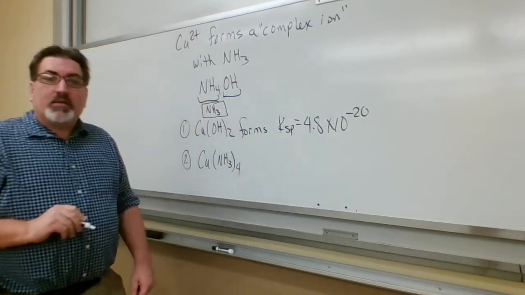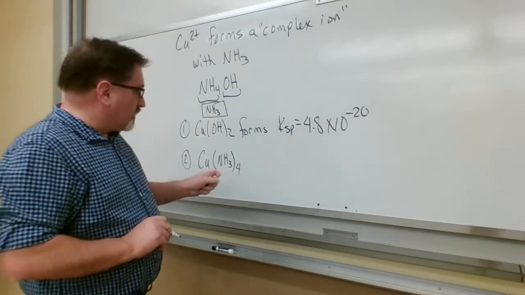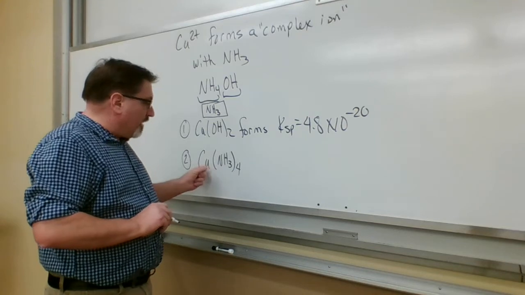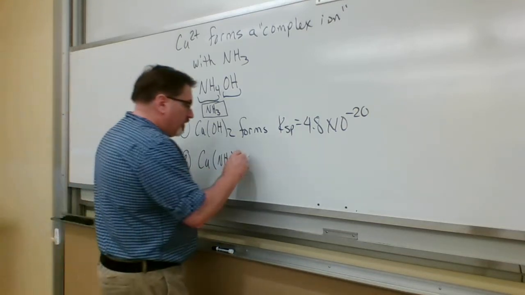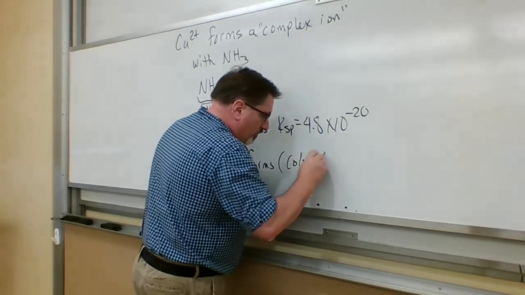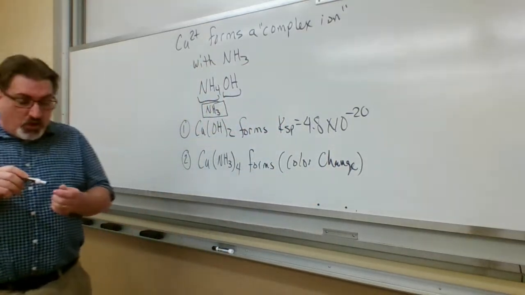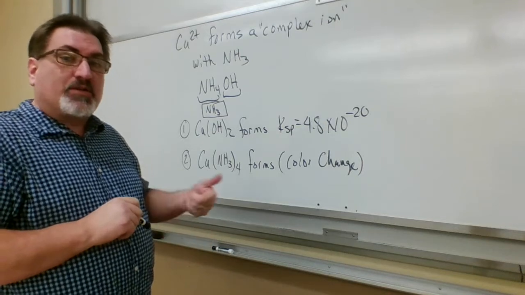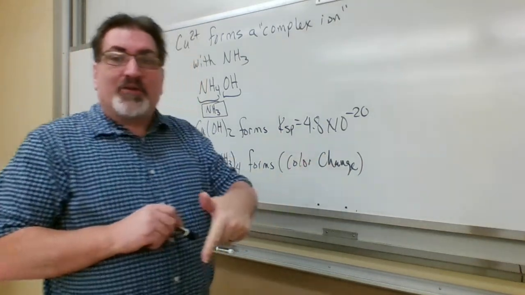And copper can accept up to 4 NH3 molecules. So it's tetra ligand. So copper tetra ammonia complex. And we will be able to know that that happens because there's going to be a distinct color change that occurs as we switch over from copper 2 plus in solution by itself to copper hydroxide.